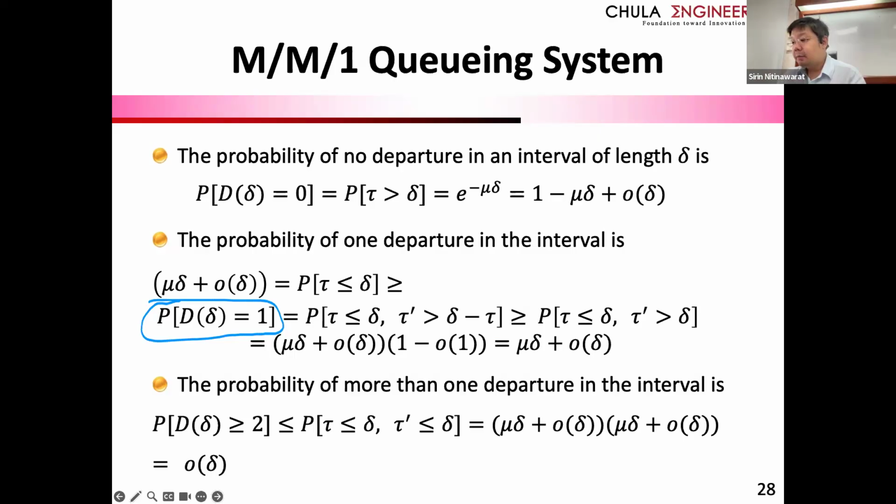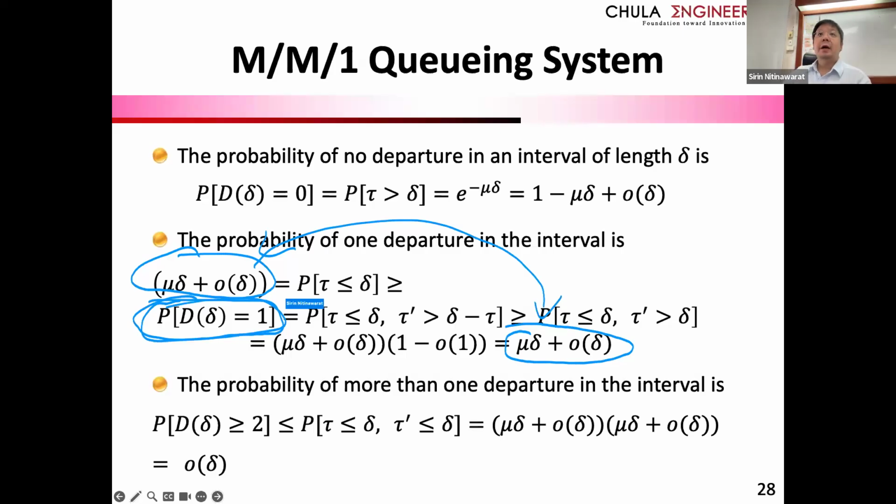So the upper bound is mu delta plus little o of delta. So here this is equal to that. This is lower bounded by that. That is also mu delta plus little o of delta. So the upper bound is matching with the lower bound. So it must be the asymptotic of the target probability as well.